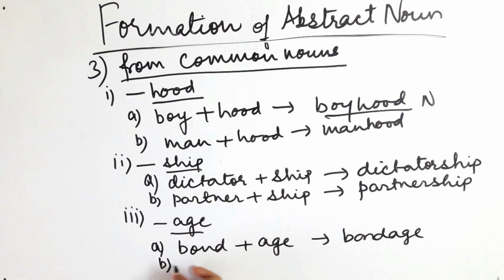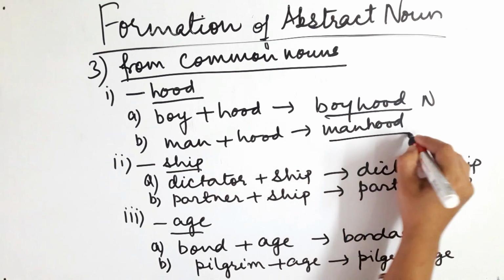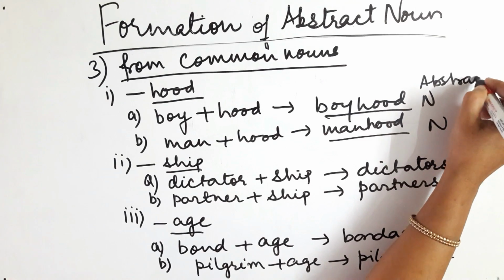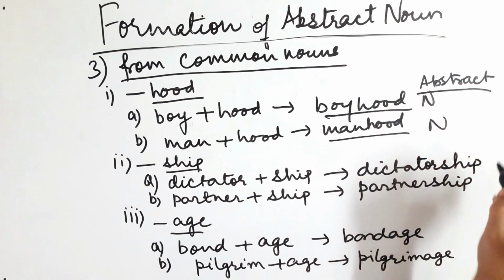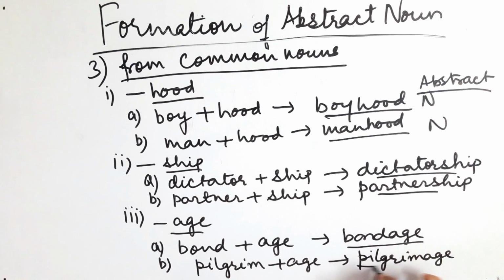We have words like pilgrim. We add AGE and it becomes pilgrimage. So all these are abstract nouns which are changed from common nouns by adding a few letters to it.